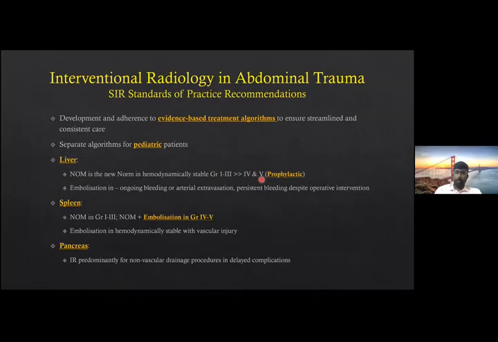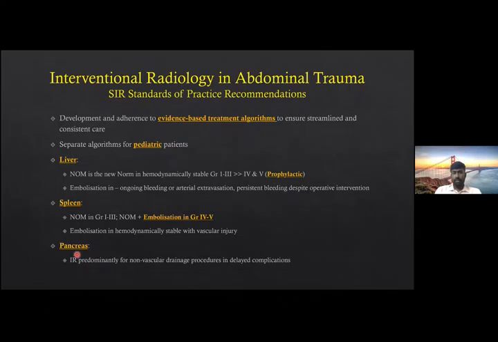Again, non-operative management is the norm in grade 1 to 3 injuries. Non-operative management plus embolization is the SIR standard of practice recommendation for grade 4 to 5 injuries where the patient is hemodynamically stable.